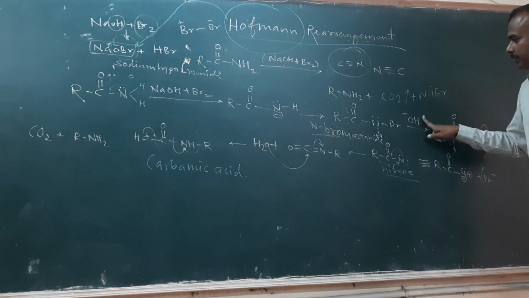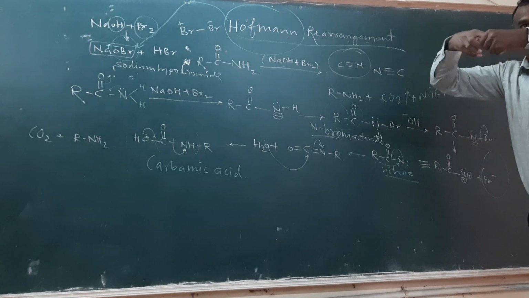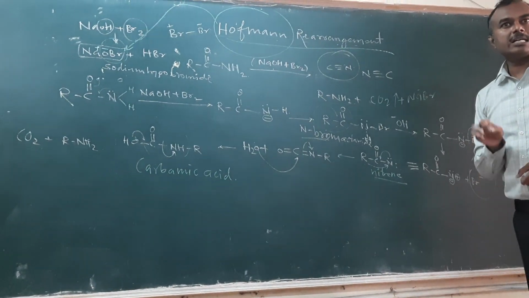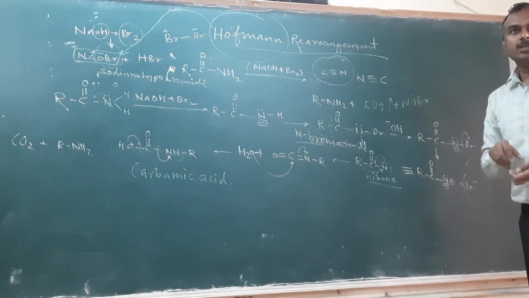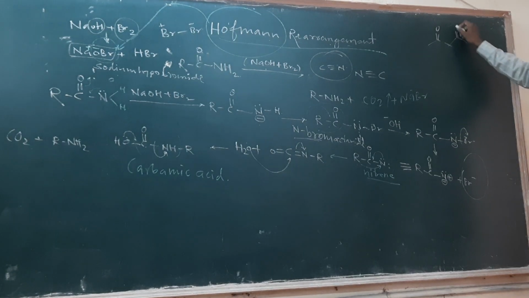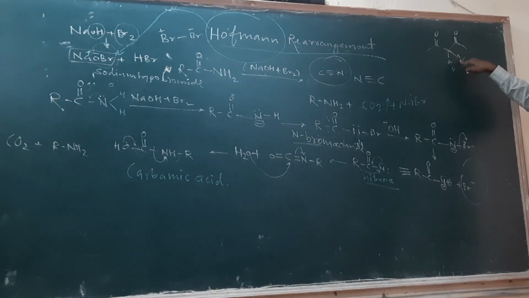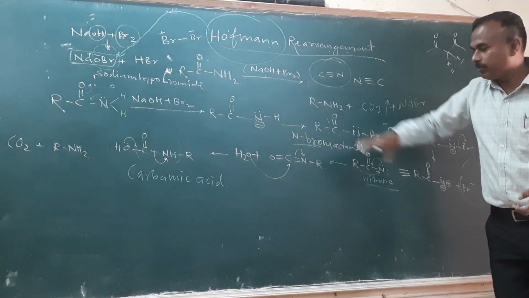Now here there is an electron withdrawing group, and here also an electron withdrawing group. If two electron withdrawing groups are there, that central atom contains an acidic proton. Yesterday also we had seen, if two electron withdrawing groups are there, this proton becomes acidic, like the active methylene group.